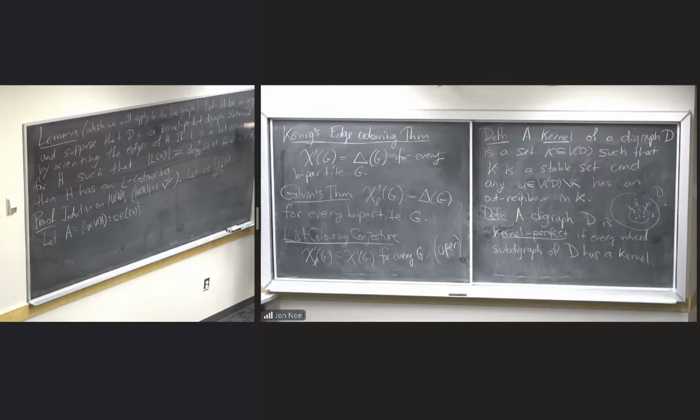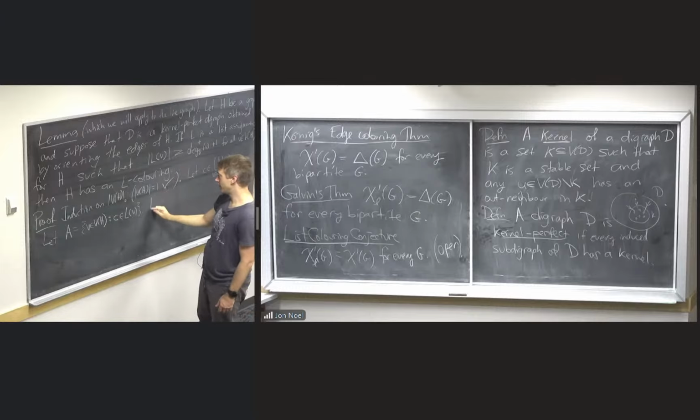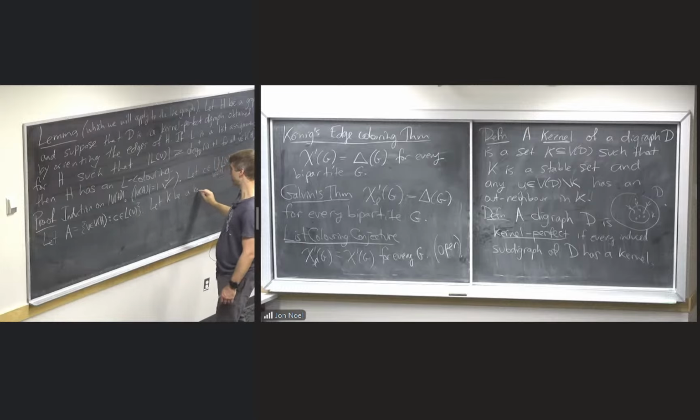It's a lot of information here, but I'm going to use this kernel perfect thing. Since the digraph D is kernel perfect, we can let K be a kernel in the subdigraph of D induced by A. Being a kernel means it's a stable set.